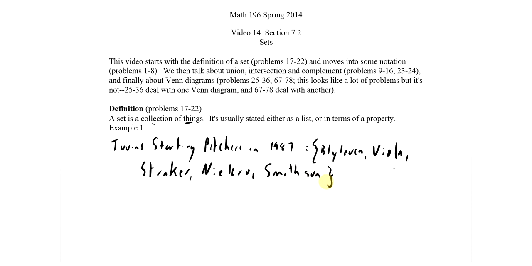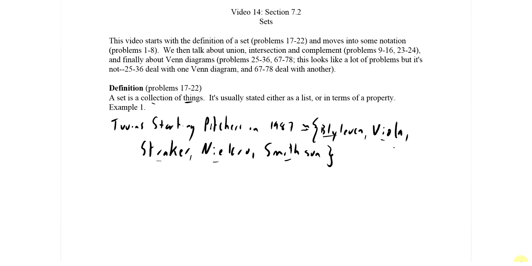Right. And so what do we have? A name for our set, Twins starting pitchers in 1987, equals, sets are usually denoted by these curly braces, and we have 5 people in our set, these 5 gentlemen, Blyleven, Viola, Straker, Niekro, and Smithson, and we just list them. Right, so that's an example of a set given as a list.